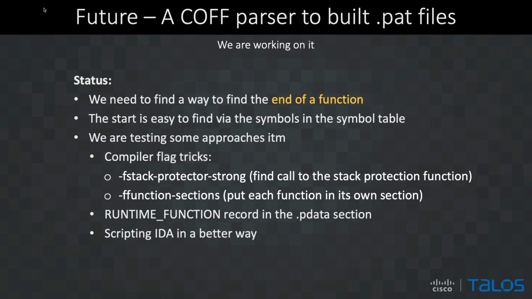But the thing which stops me at the moment is that it is extremely difficult to find the end of a function. If you have looked into symbols in a PE file, you know that it has a start of a function, but there's no information about where the end is.